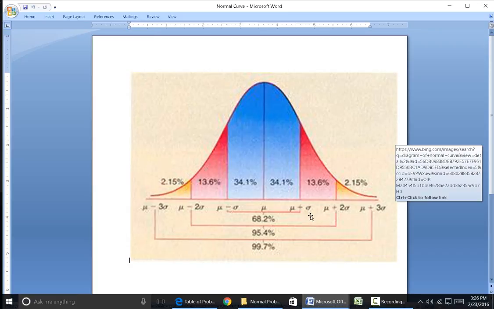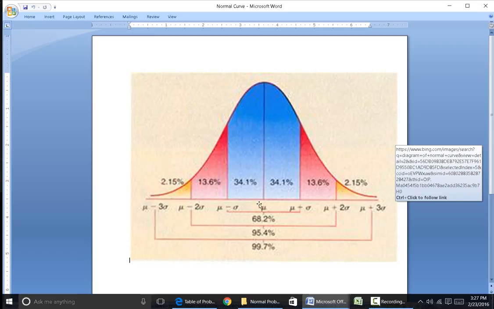Instead of S, they're using sigma here. So this is mu, and then over here to the right is mu plus sigma, so that's 1 standard deviation above the mean, and then mu plus 2 sigma, 2 standard deviations above, and then mu plus 3 sigma, 3 standard deviations above. And then in the same way, on the left side, mu minus sigma, 1 standard deviation below the mean, mu minus 2 sigma, 2 standard deviations below the mean, and so forth.